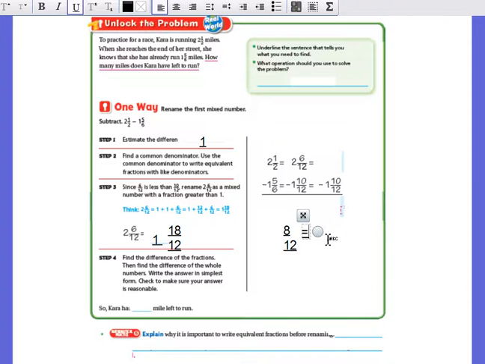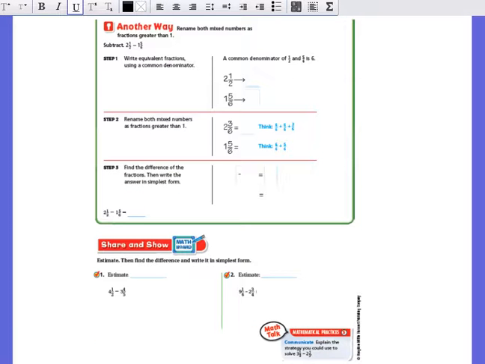So if I divide them both by 4, I'm going to get 2/3. 2/3 is my answer. 2/3 is really close to 1, so that makes it reasonable.